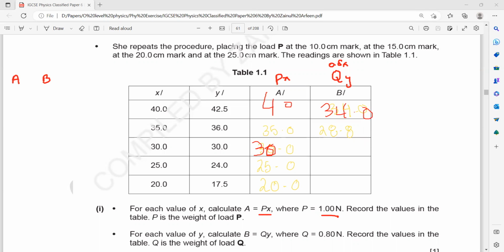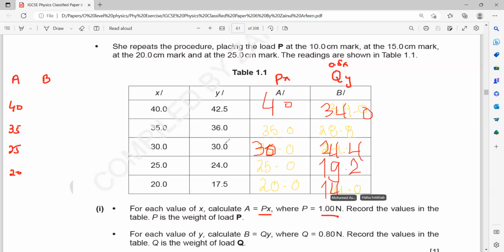The second value, 28 point. Nineteen point two. And what about the last one? 30 multiplied by 0.8. So it will be exactly 24.